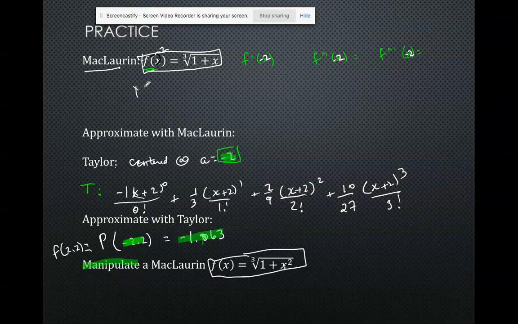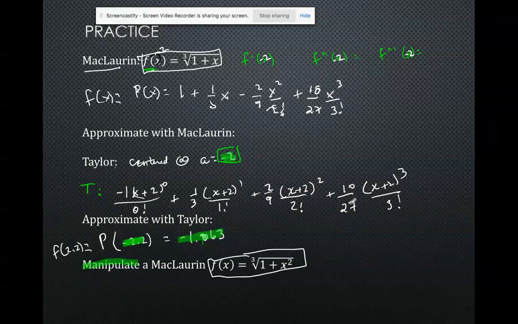This polynomial, the first four terms of it, was 1 plus 1/3 x minus 2/9 x squared over 2 factorial plus 10 over 27 x cubed over 3 factorial.